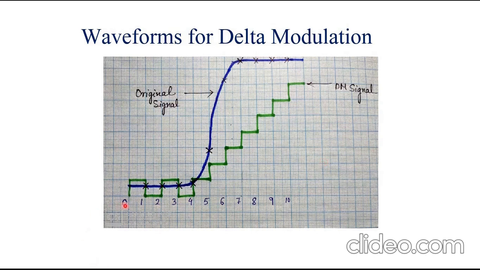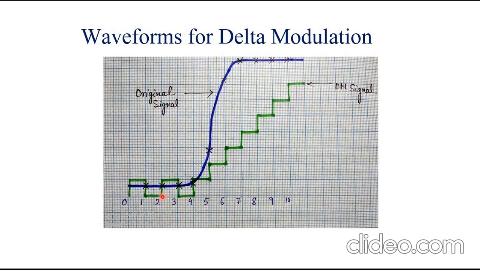If we start from 0, if the input signal is greater than the sample signal, then there will be a plus delta step size. Now see here, the input signal is less than the staircase signal, so there will be a minus delta step size.